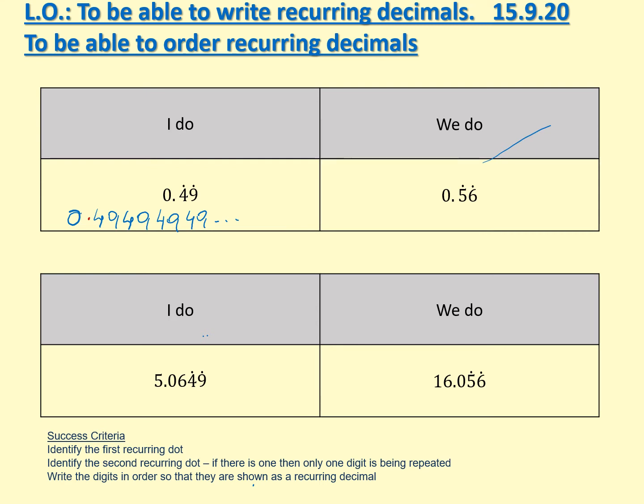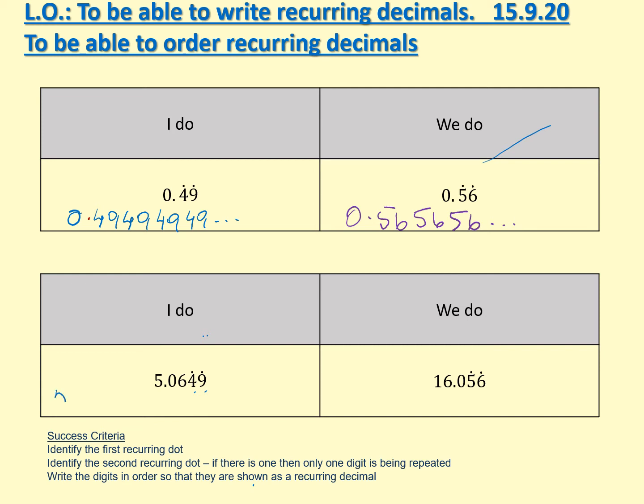Okay, so you should have now 0.565656. If you've got this decimal right, well done. Now let's have a look at the next one, which is slightly different. So again, make sure you identify the first dot and the second. Copy everything that is before it in the same way as it is.